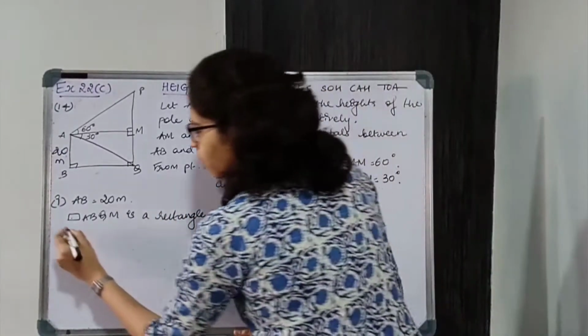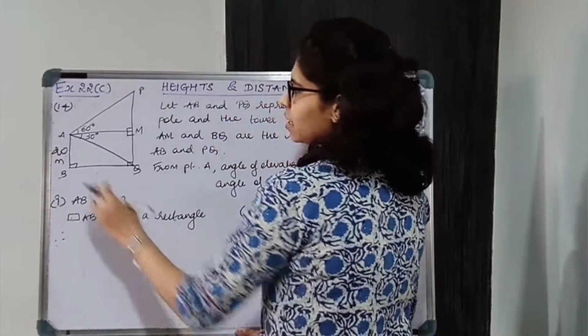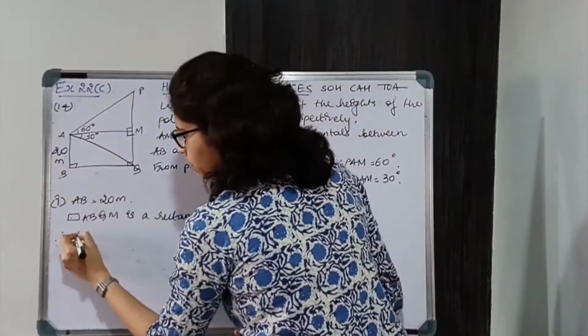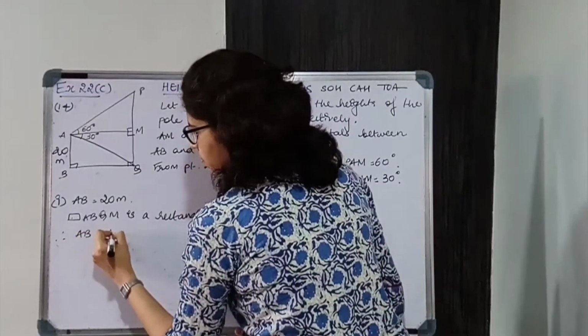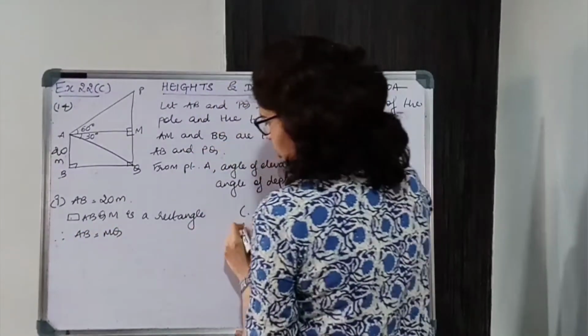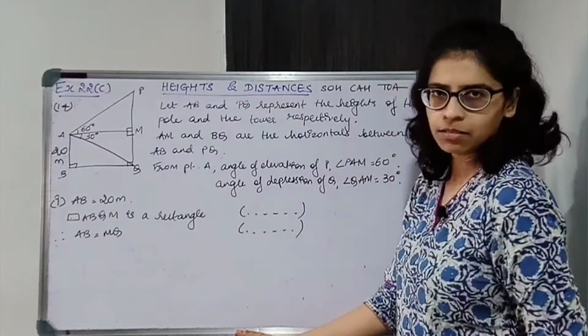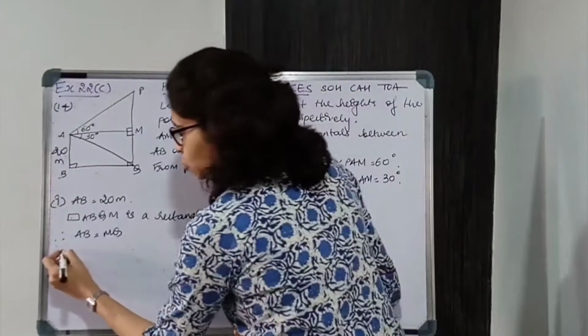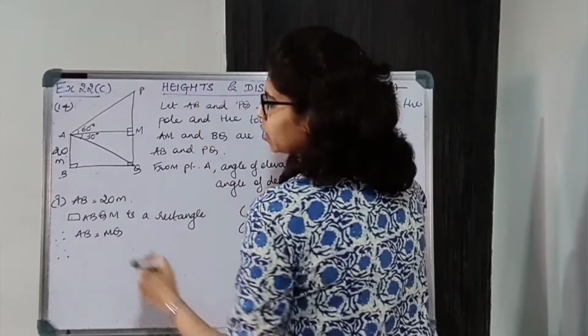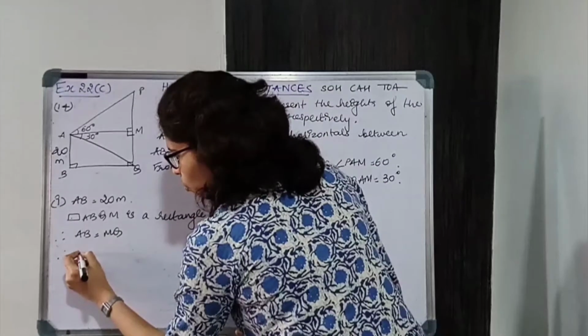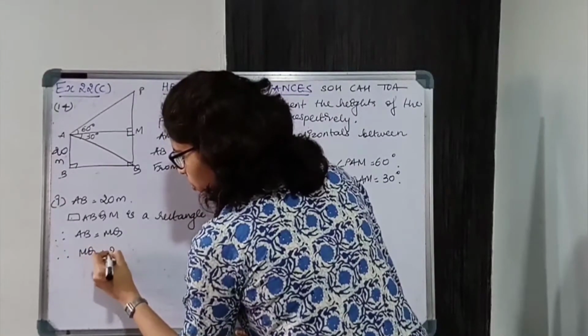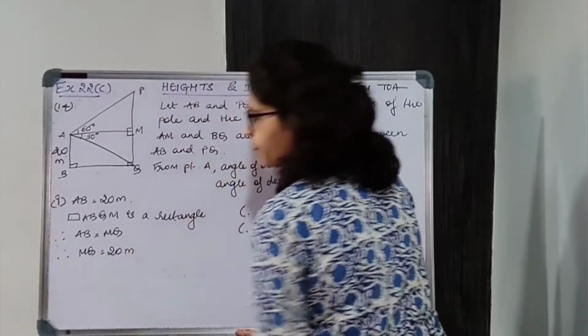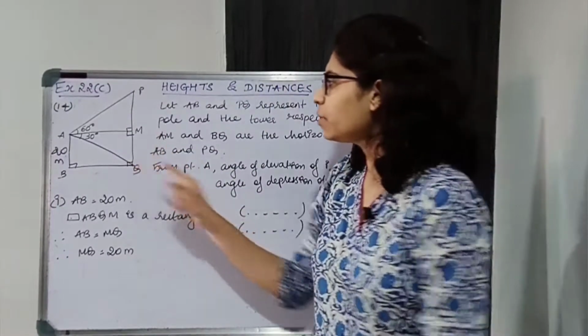So therefore I can say opposite sides are equal. AB is equal to MQ. Okay, opposite sides of rectangle are congruent or equal. So you have to give reasons. ठीक है. So AB is 20. So MQ is also 20 meters. Okay, MQ 20 हो गया.